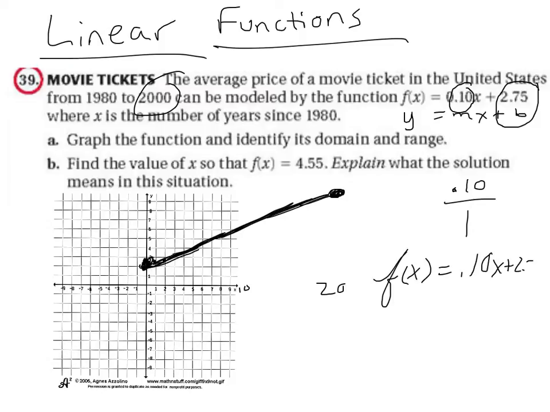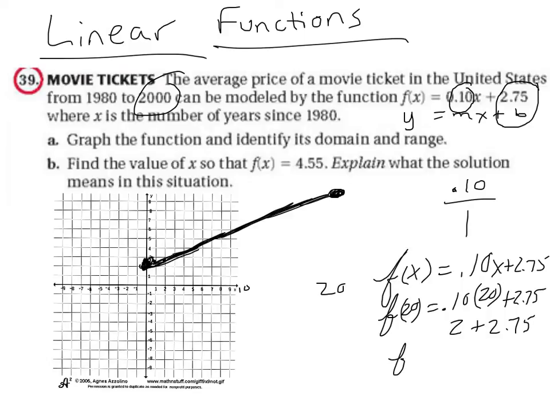Well, you would be evaluating your function at 20. And it looks like 20 times 10 cents is $2 plus 2.75. So in the year 2000, or 20 years after 1980, the price of a movie was $4.75.